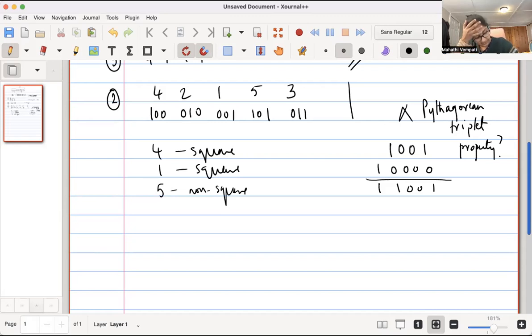Or is it not like any properties, but like something basic?